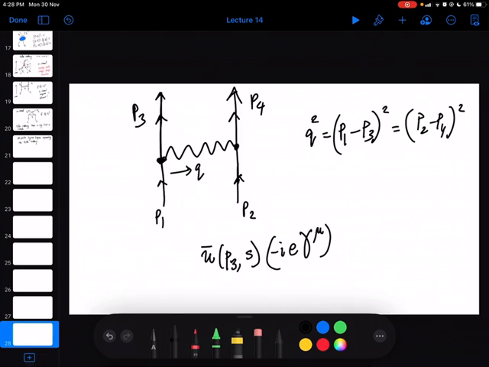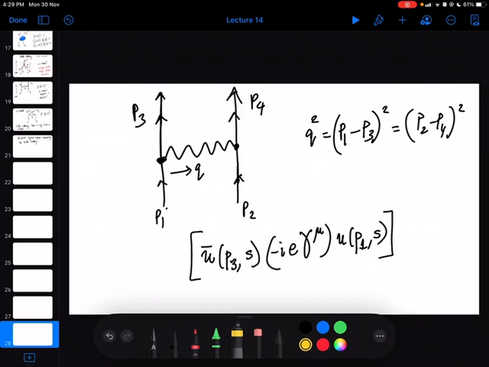then there is a vertex here, so that is minus i e gamma mu. Then there is a propagator, and the incoming particle here is u of p1 s, the whole thing multiplied. So this part comes from this leg.